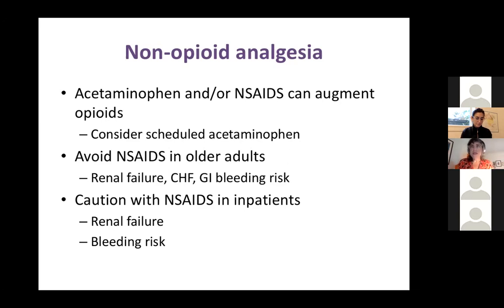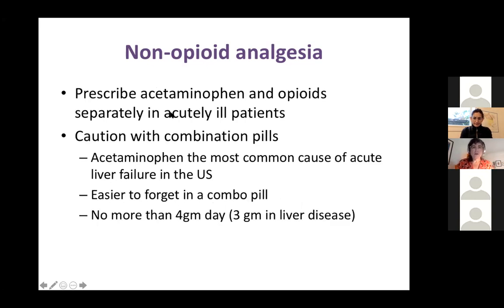And sometimes near the end of life, when we might not be worried about renal function quite as much, NSAIDs are helpful for bony mets, as are steroids. But in this particular patient, I would avoid NSAIDs, so that's why I wouldn't choose the ibuprofen.